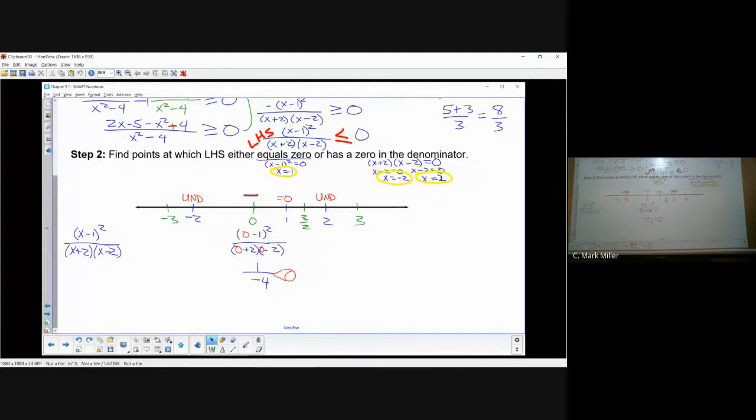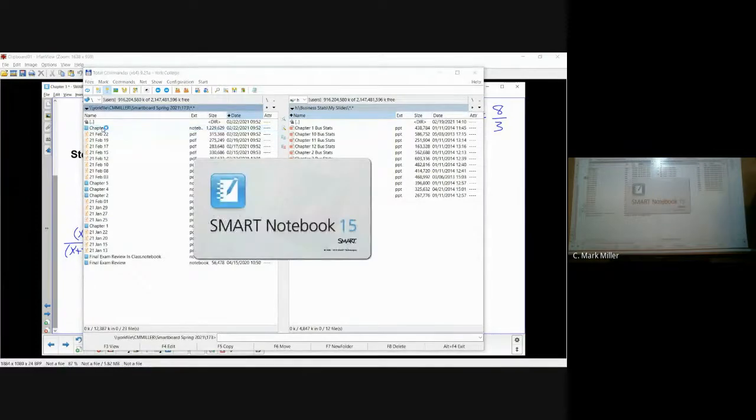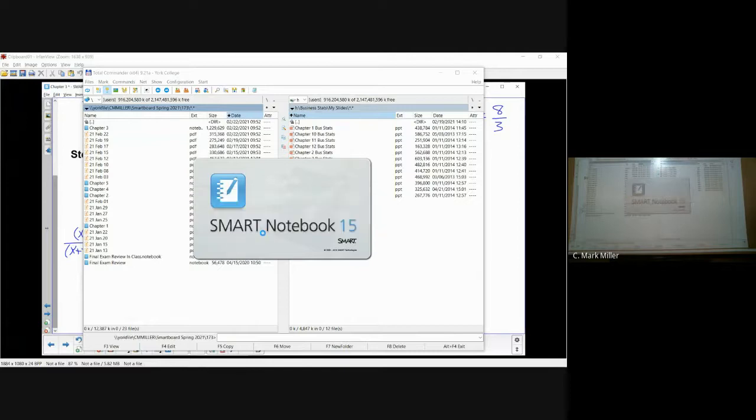And we have to reopen this. Software crashes after you've written on it too much. Usually I lose the entire page I've been working on, which is a lot of work here, isn't it? Let's see what happens here.